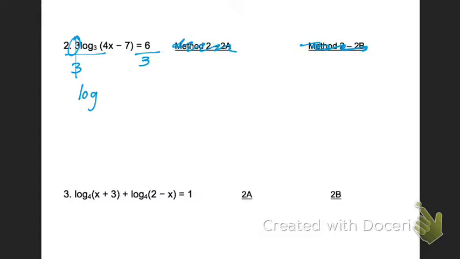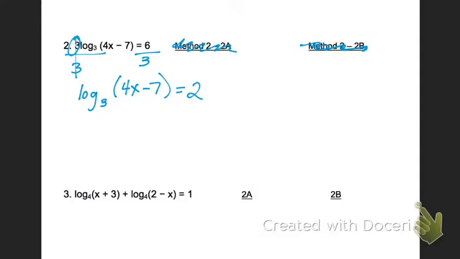So log base 3 of 4x minus 7 equals 2. This only works when you have just a log on one side. In the last example, I couldn't have divided each side by 2 because it would have been with another log. So I can only divide by 3 if there's a log on one side. It'll make more sense here in a minute.